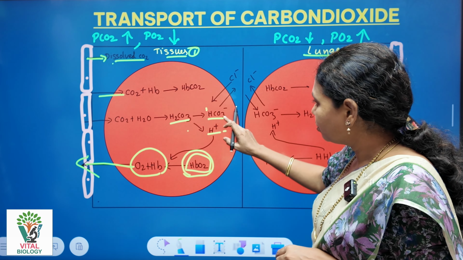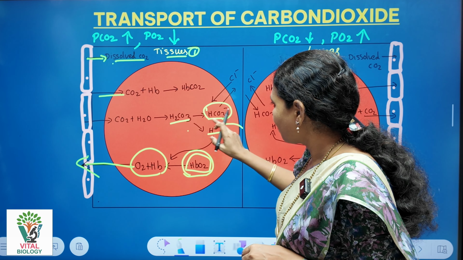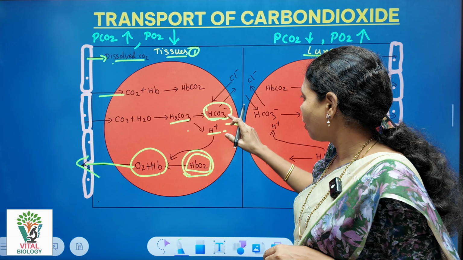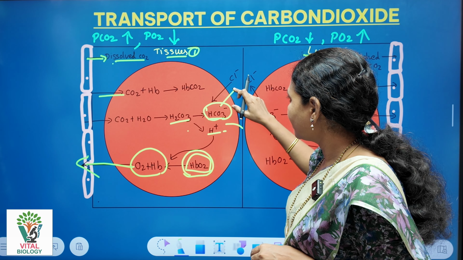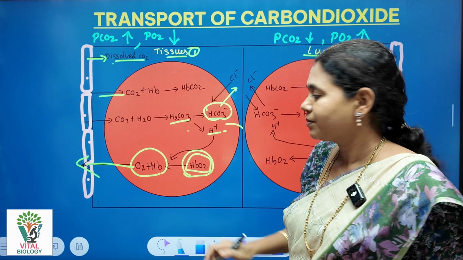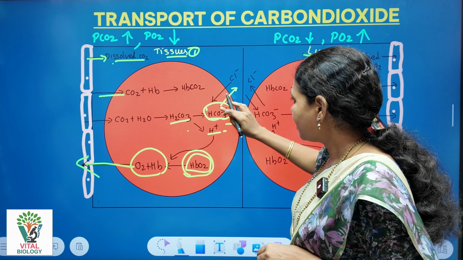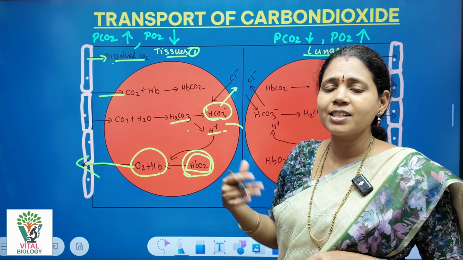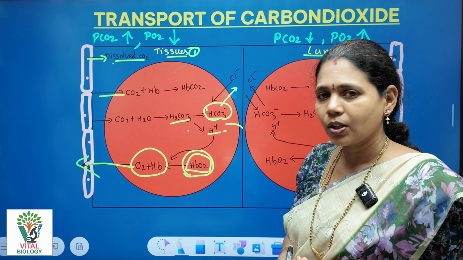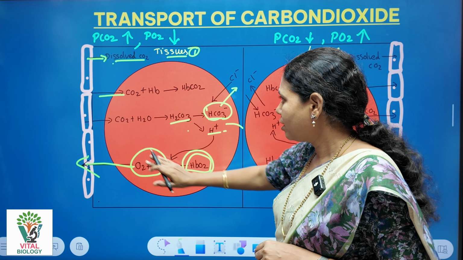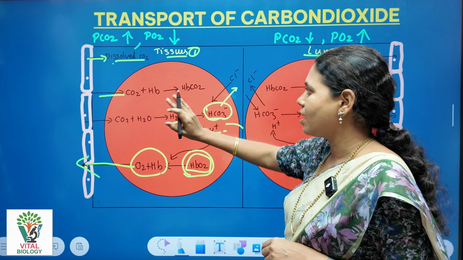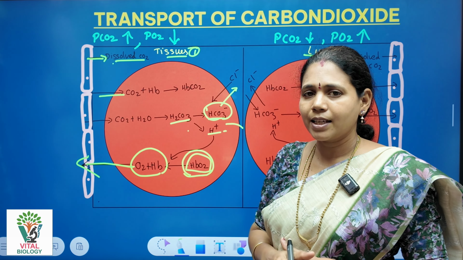And these bicarbonate ions are released from the RBC into the plasma. So this is how this entire process occurs, that is how the transport of CO2 takes place.